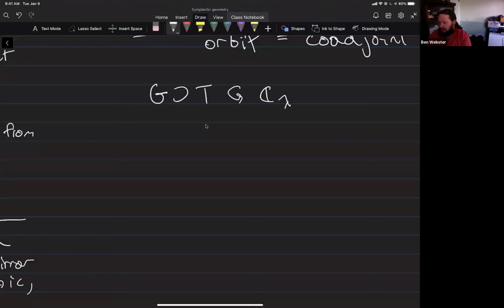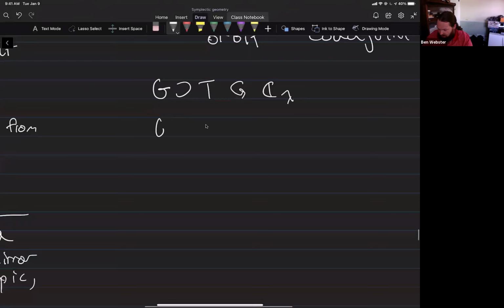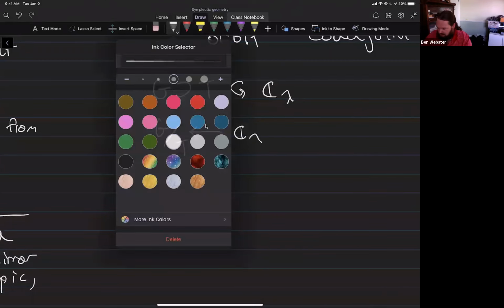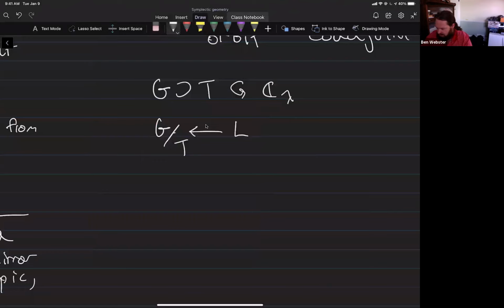The way I would interpret the induced representation is as a vector bundle on G mod T. So there's a line bundle on G mod T induced by this representation, by thinking of G as a principal T-bundle and taking the associated vector bundle for this representation of T.